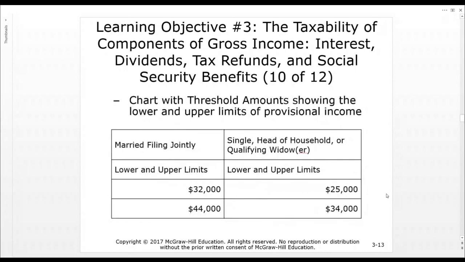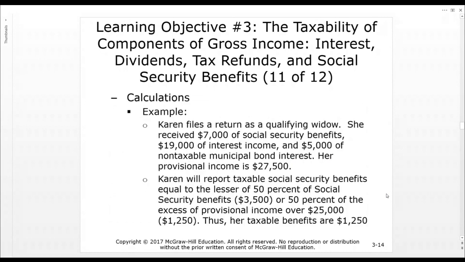Because they made more than $25,000, they had to take 50% of the Social Security income and add that to their total income, right? Why? Because all of Social Security income is not going to be taxed. The maximum rate, I believe, is up to 85%. So they're only going to tax you up to 85% of Social Security income.